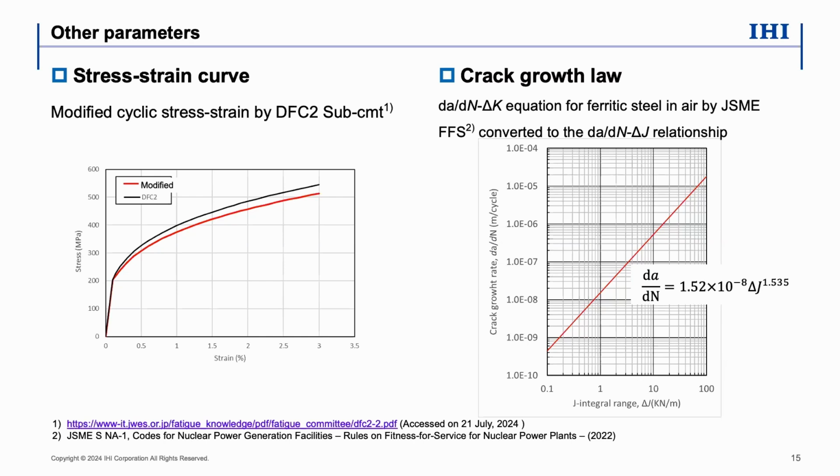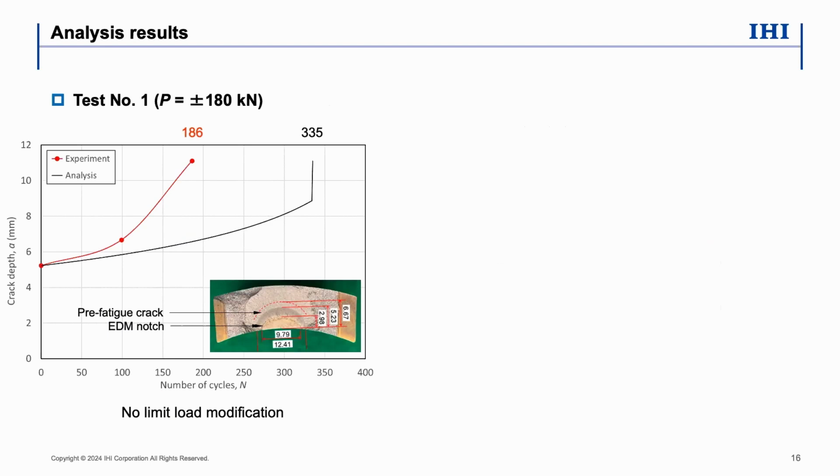Regarding the crack growth rate, the da/dN delta K equation for ferritic steel in air by JSME for fitness for service was converted to the da/dN delta J relation. The conversion was given by this equation and is also drawn by the red curves. So now I'd like to explain the analysis results.